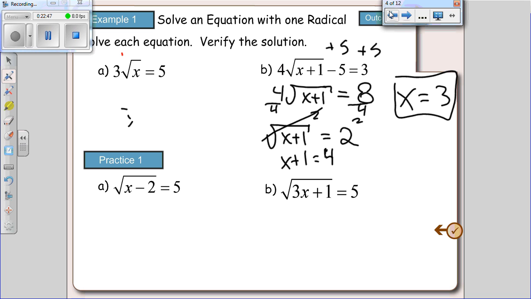When you square both sides, the square and the square root cancel. So you get x minus 2 is equal to 25. Now what do we have to do? Add 2 to both sides, and you get x is equal to 27.